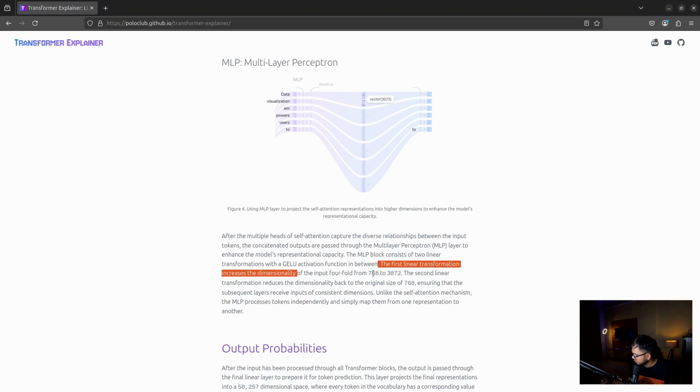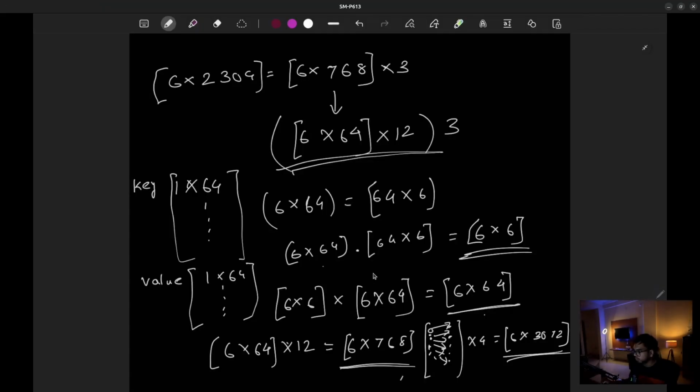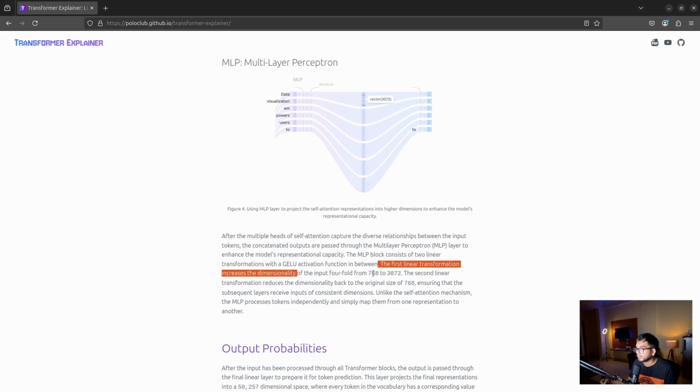So this is the matrix that we got after passing through the first part of the MLP layer. After getting this output, it goes through the second linear transformation, which reduces the dimensionality again to 768. This is like an encoder-decoder part of a model.